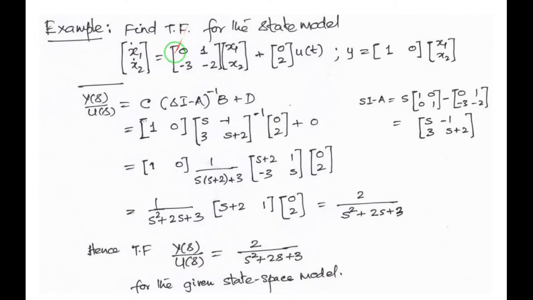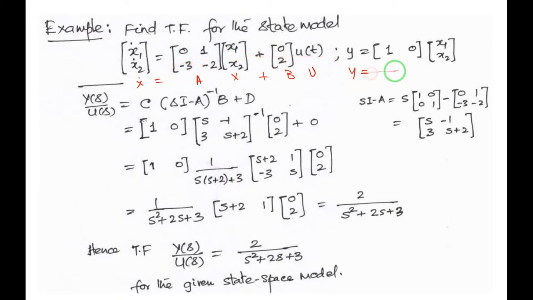Okay, this one, the solution. Have a look at it. I'll give a hint for this, because anyhow you know how to obtain the transfer function. So find the transfer function for the state model. Solution is here only. This is given: x dot equal to Ax plus Bu, right? This is the state equation.